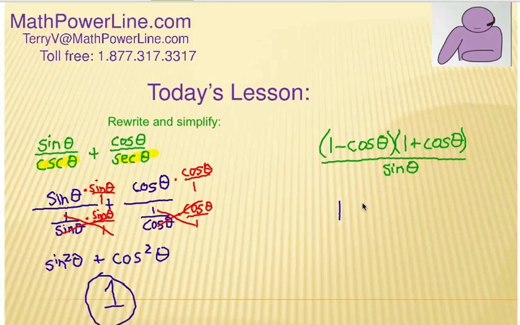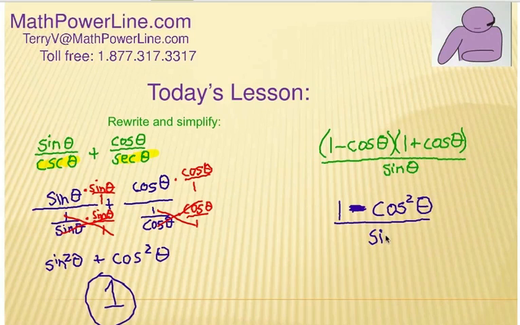So whether you do it the long way using the FOIL method, or you recognize the pattern, you're going to square the 1's and square the cosines and put a subtraction sign in between. That middle term using the FOIL method drops out. So it's 1 minus cosine squared theta on the top and sine theta on the bottom.